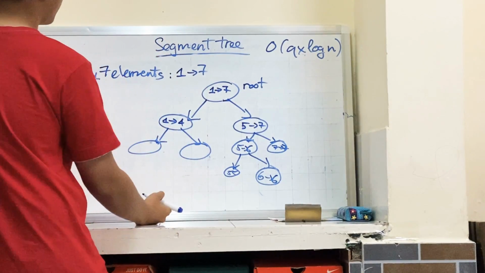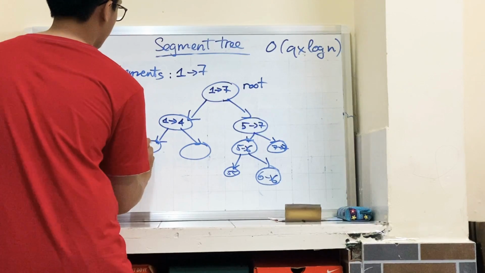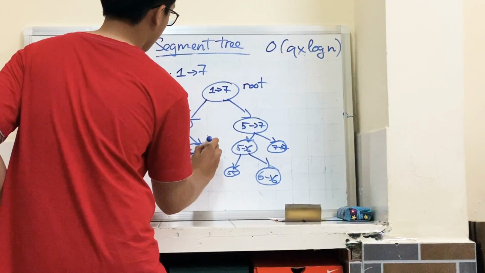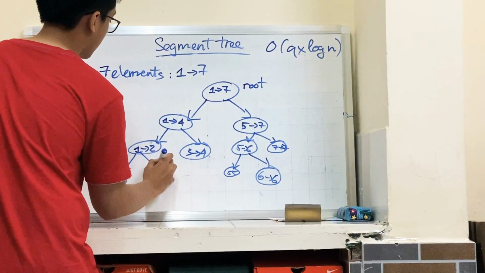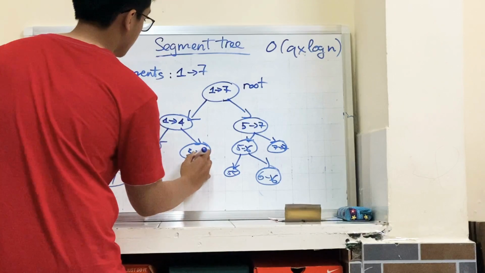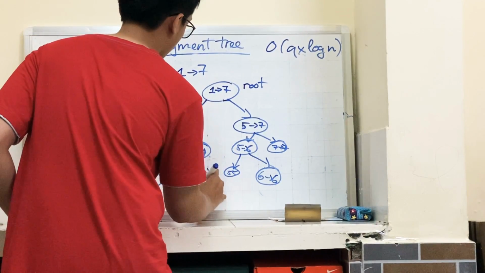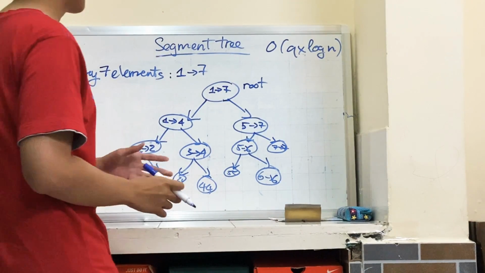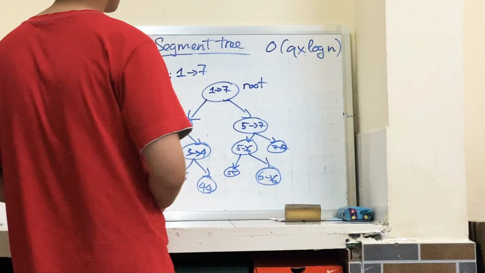And 1 to 4 will split into 1 to 2 and 3 to 4. These will hold the values of 1 to 1, 2 to 2, 3 to 3, and 4 to 4. This is the basic form of the segment tree.